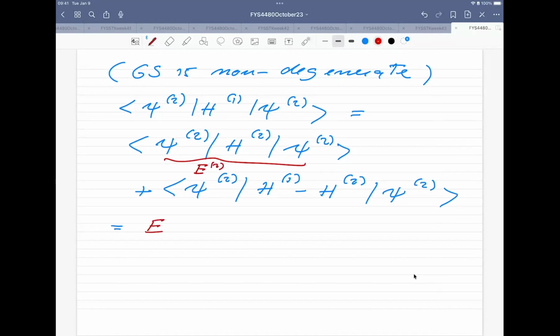So I get this as E2 here, plus, and the only thing which distinguishes the two Hamiltonians is actually a quantity which is n of r. And then I have a V external of 1 minus V external of 2.